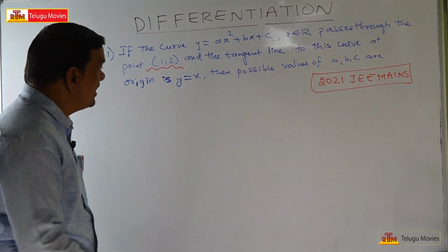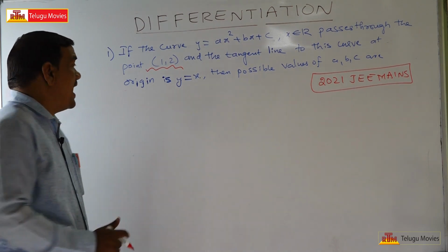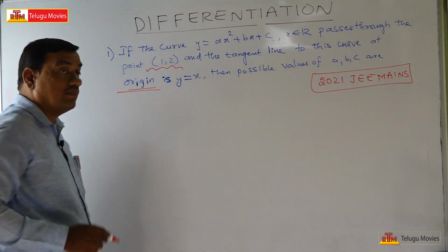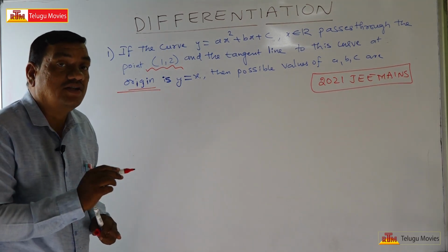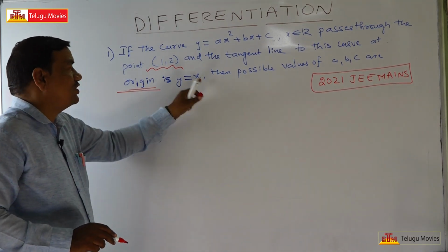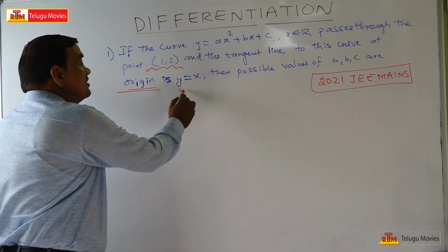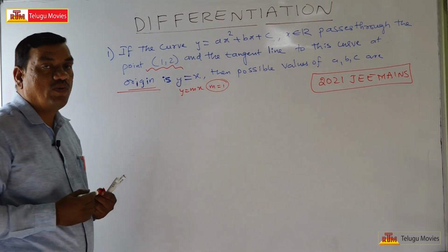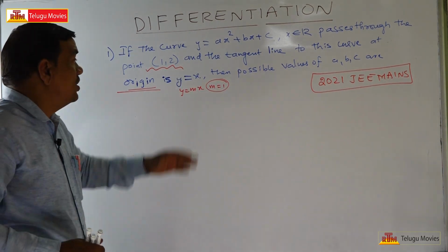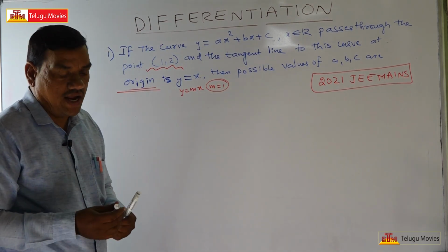Second, the tangent line to this curve at the origin means the curve also passes through the origin. Third, the tangent is y = mx, so the slope m = 1. The slope of the tangent is also given. Using these 3 hints, we can find the values of a, b, c.